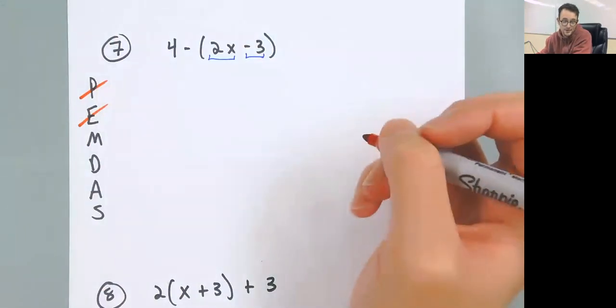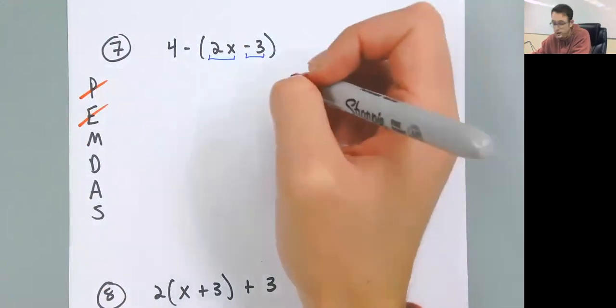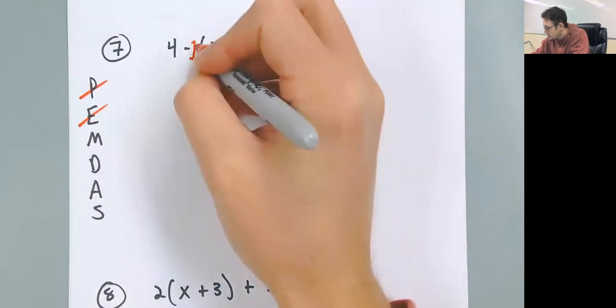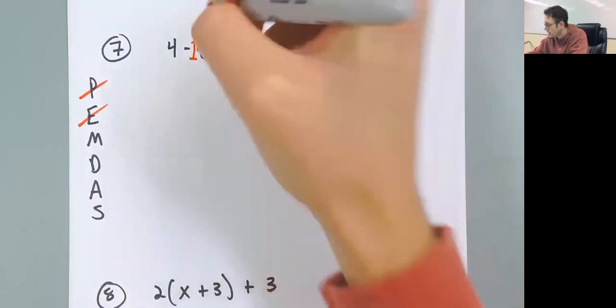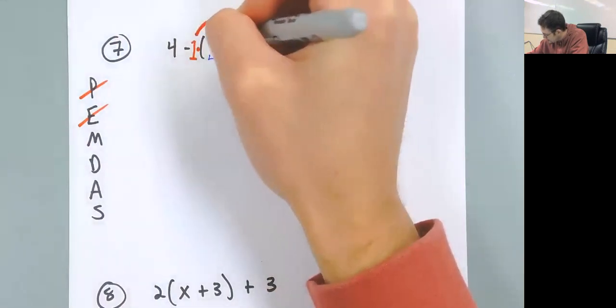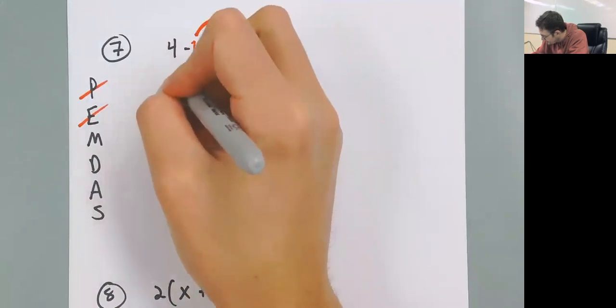There is multiplication. We have another pesky little invisible 1. Right? So there's multiplication right here. So I need to distribute, right? Distribute. So if I do that, I'm going to just drop my 4.